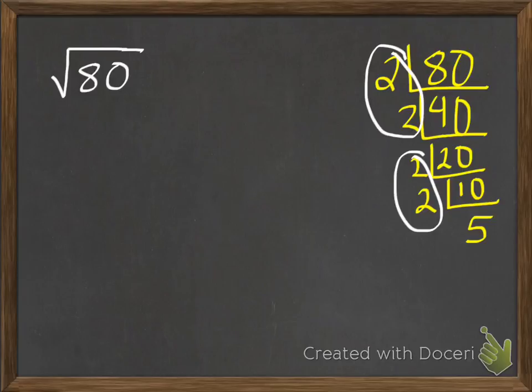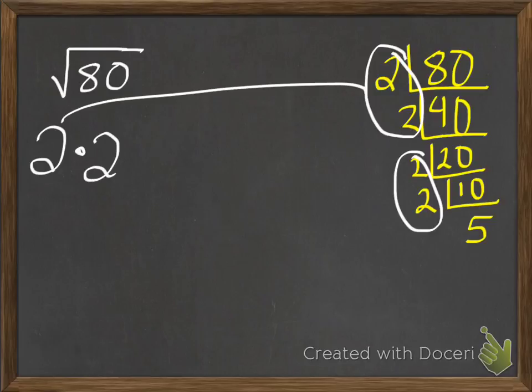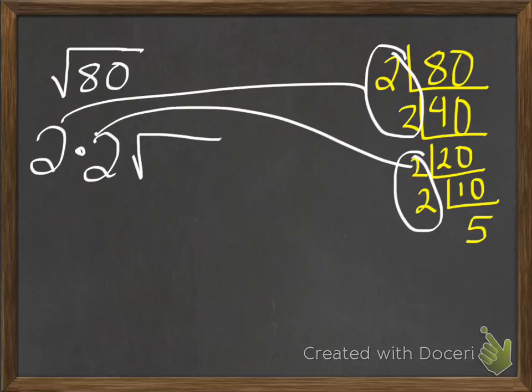So those come out of the radical. 2 times 2 is 1 for each of the sets. What stays under the radical, which is what the square root sign is called, is 5. So now I can multiply my 2 times 2, and I come up with 4 square root of 5.